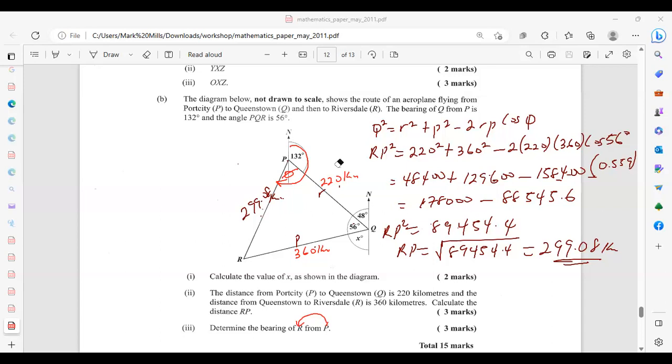Anyone? Think about it. If I give you this, look at it. If I give you this, and this angle is for this side, and this angle is for that side, what comes to your mind? Sorry, trigonometry? Yeah, but what type? Remember that it's a non-right angle triangle.